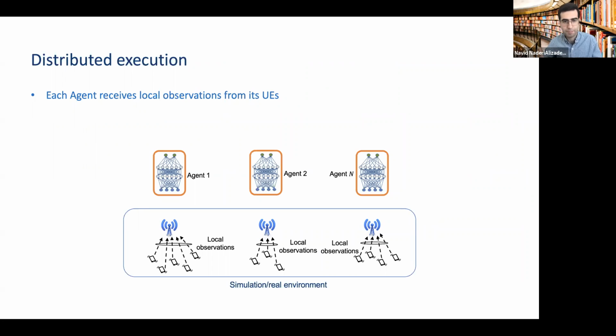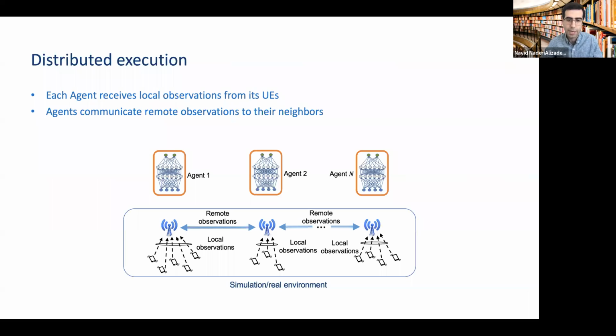Once training is complete, we have this distributed execution phase. It can be in simulation or a real environment. Of course, we haven't tested this on a real environment, but we tested it in simulation. So each agent, just to recap, is going to receive local observations from its UEs and some remote observations from its neighbors.